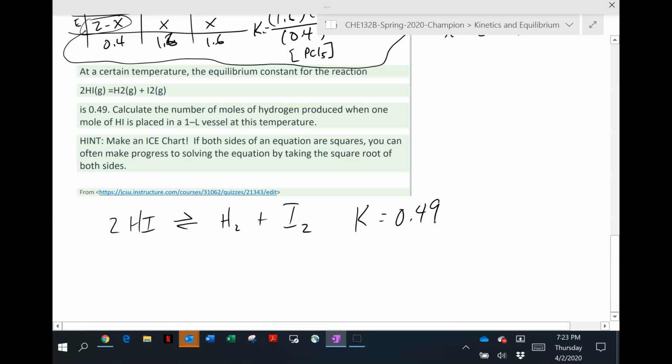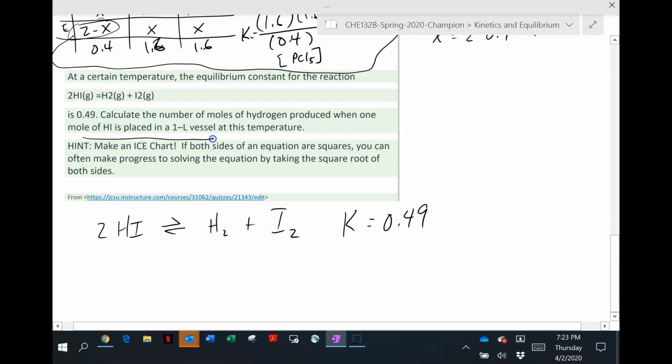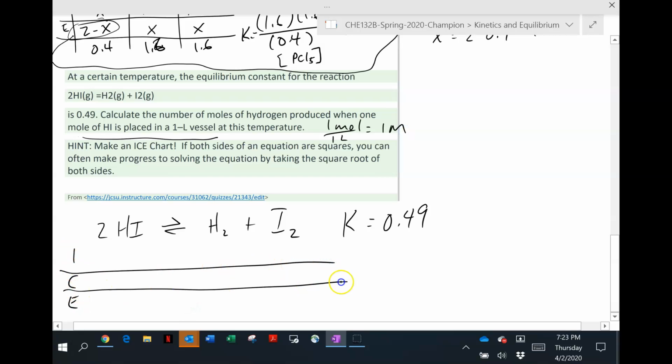Now, what we're going to do initially is put 1 mole of HI in a 1 liter vessel, so 1 mole over 1 liter, that's 1 molar, right? So make our ICE chart. This is 1, these are 0. Q here is going to be 0 times 0 over 1 squared, right?